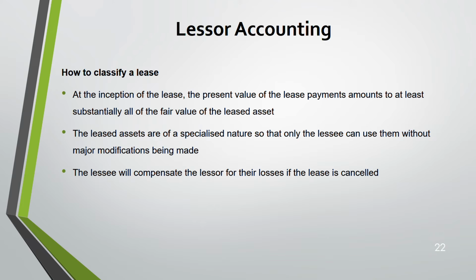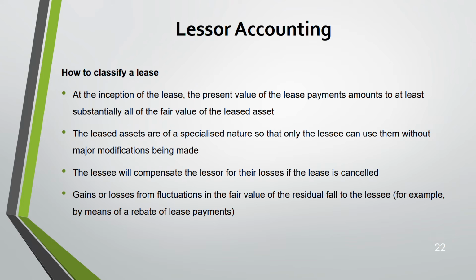Then the lessee will compensate the lessor for any losses if the lease is cancelled. So here who is bearing the risk? The lessee. Wherever the lessee is bearing the risk, it's a finance lease. Because why? Ownership should transfer to the lessee. Then any gains and losses in the fair value of that asset, who bears it?